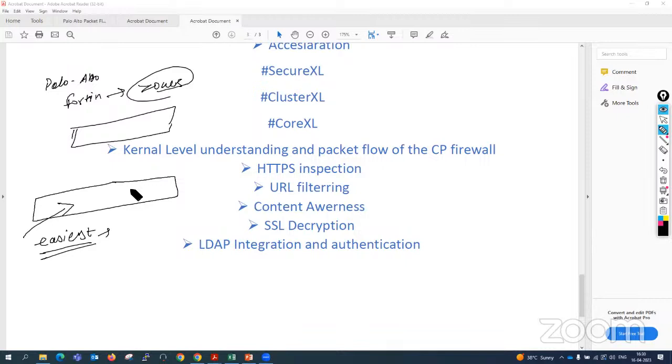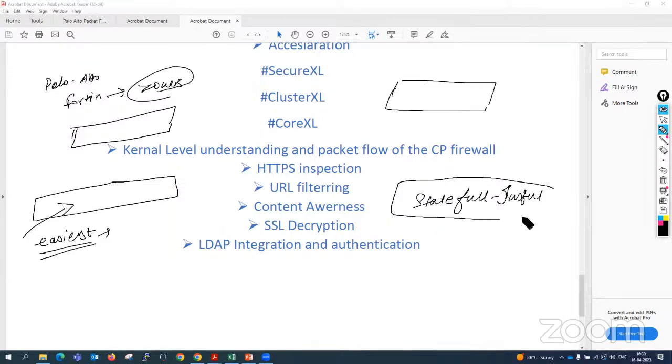But yes, if you are using Checkpoint, you are getting the best technology, one of the best security you can say, and it's really easy to maintain. Checkpoint is the company having the biggest R&D team in the market. You have heard about stateful inspection, right?